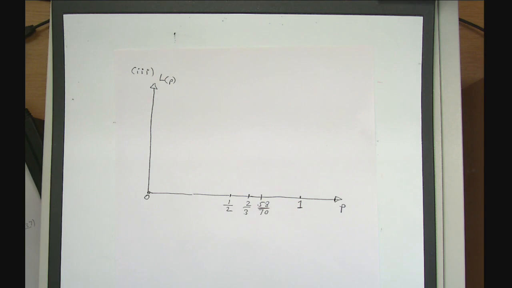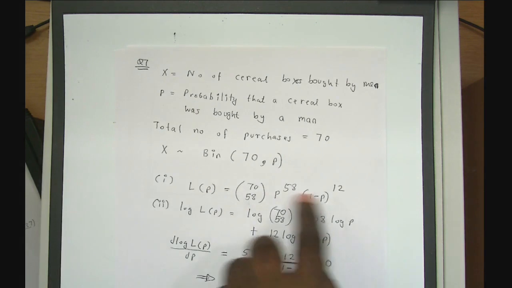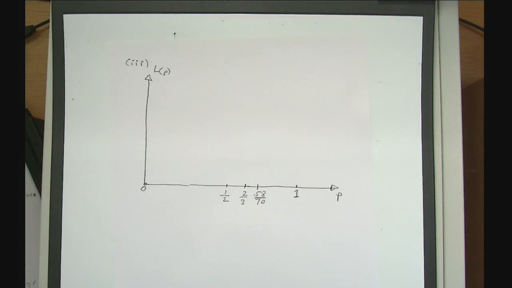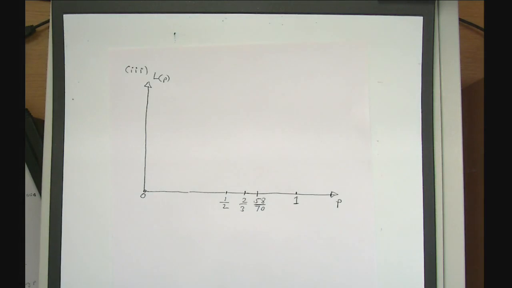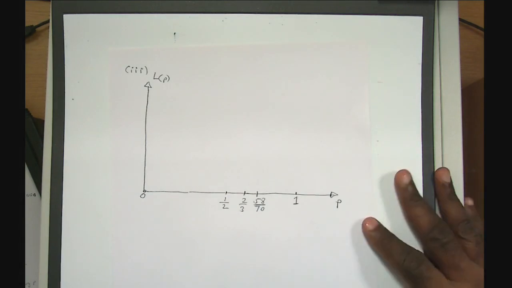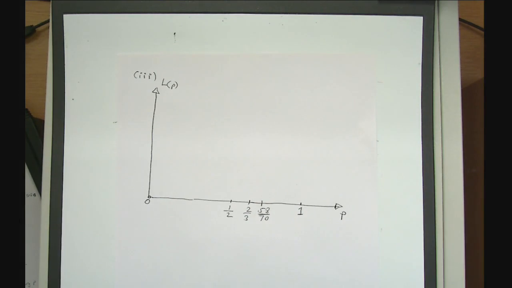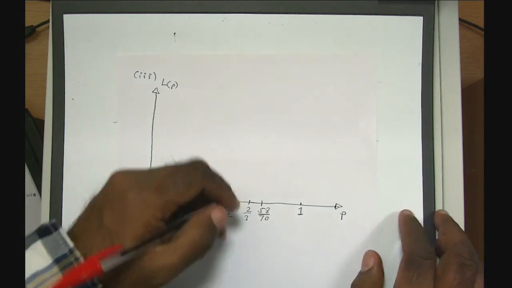So in this case, what I'd like you to do is to graph this function, L of P versus P, and you should do that in the correct way. It will look something like this.